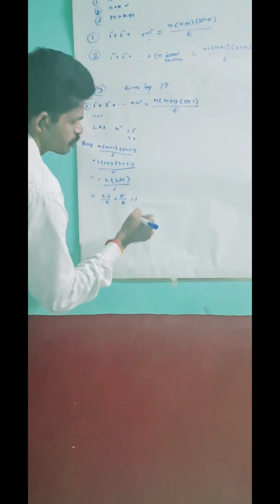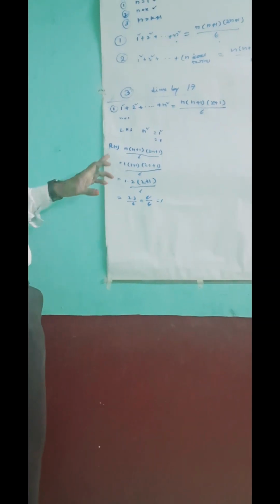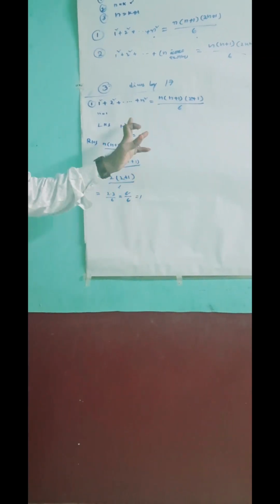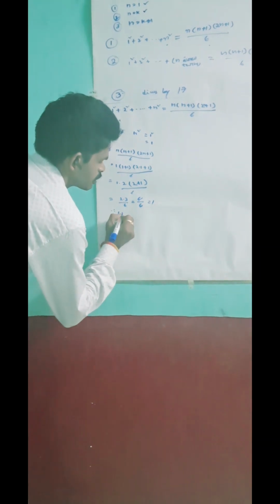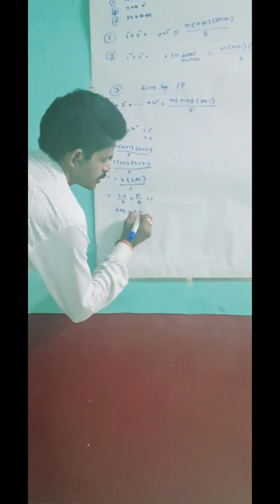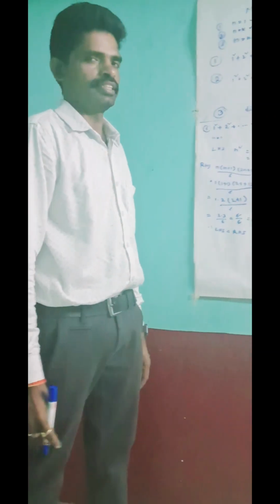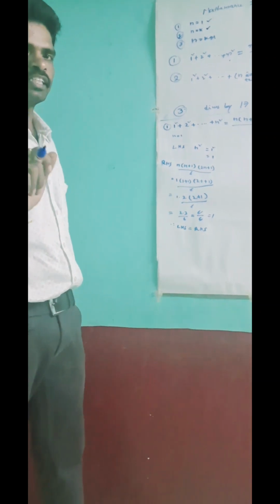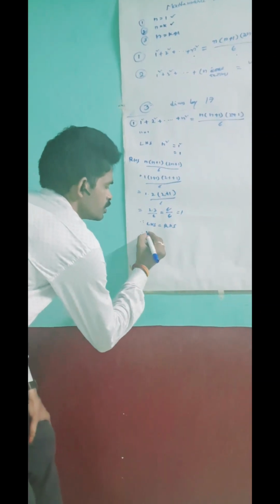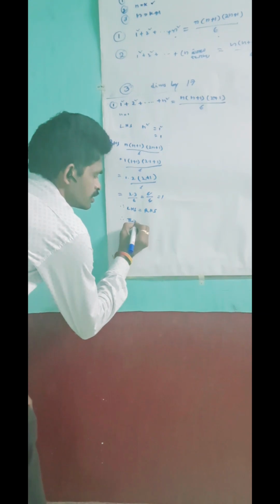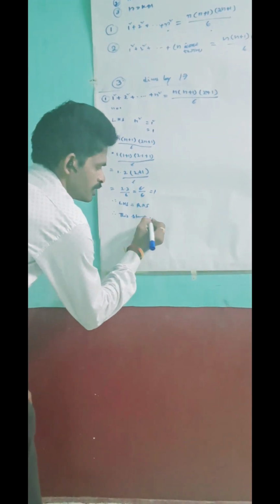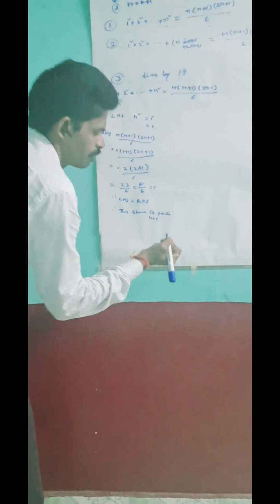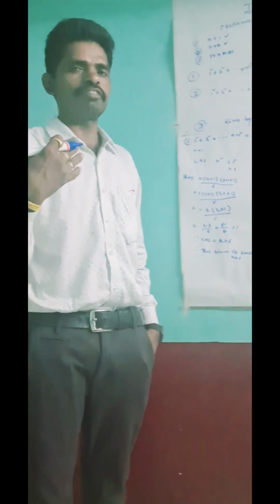So cancel, that is equal to 1. So LHS equals 1, RHS equals 1. Therefore LHS equals RHS. So first statement is over. Therefore this statement is true for n is equal to 1.